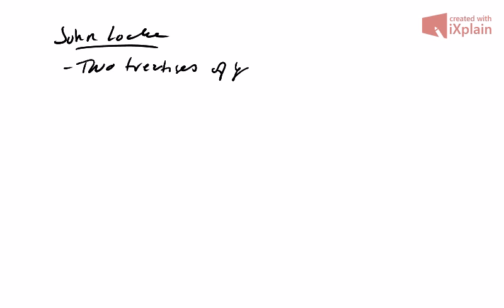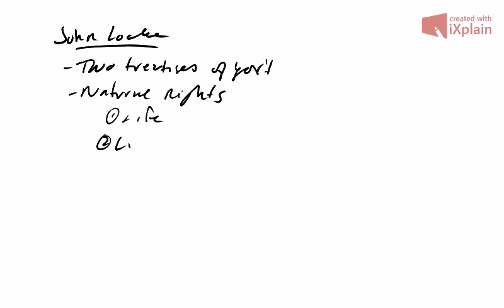So to recap, John Locke writes a book, Two Treatises of Government. In that book, he says that we have natural rights, and that these natural rights are life, liberty, and property.